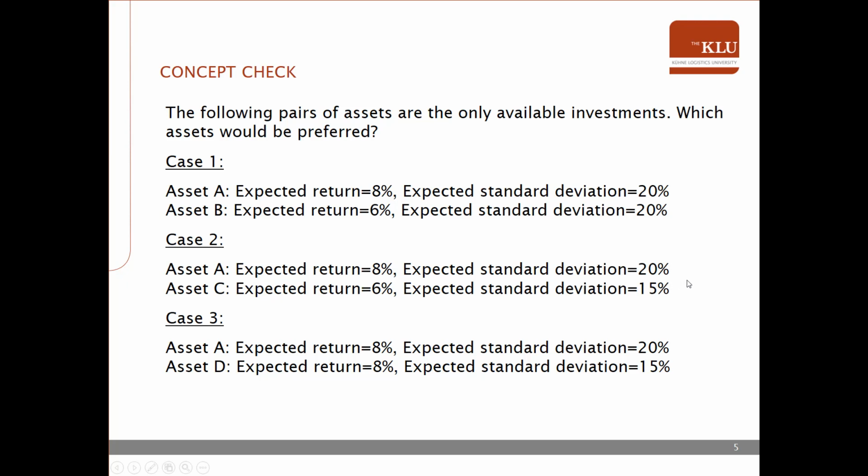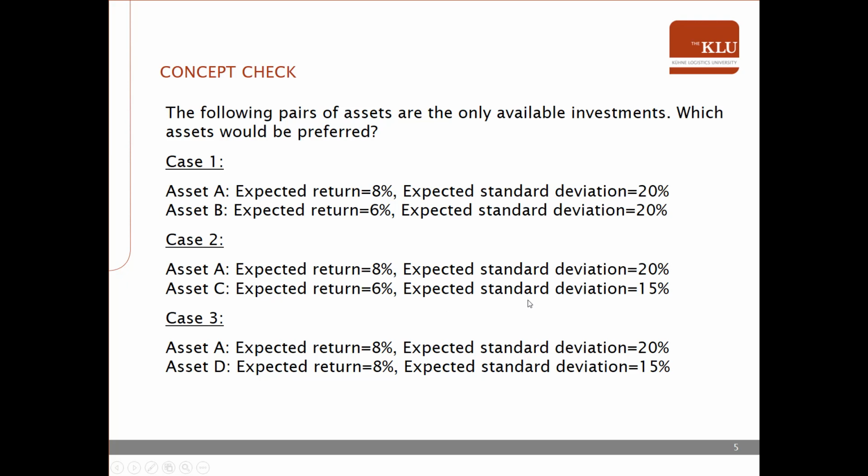Let's have a look at case number 2. Here we have again asset A with the same properties as before. And we now have a new asset C that has the same expected return as asset B above. However, it has a lower standard deviation.